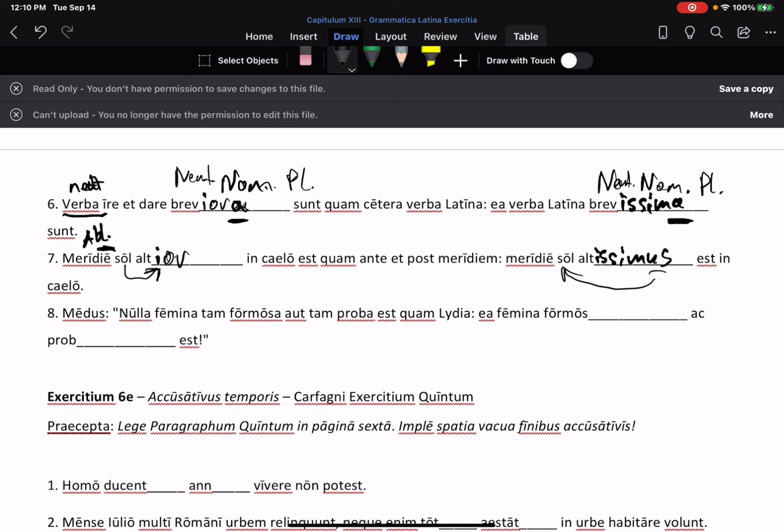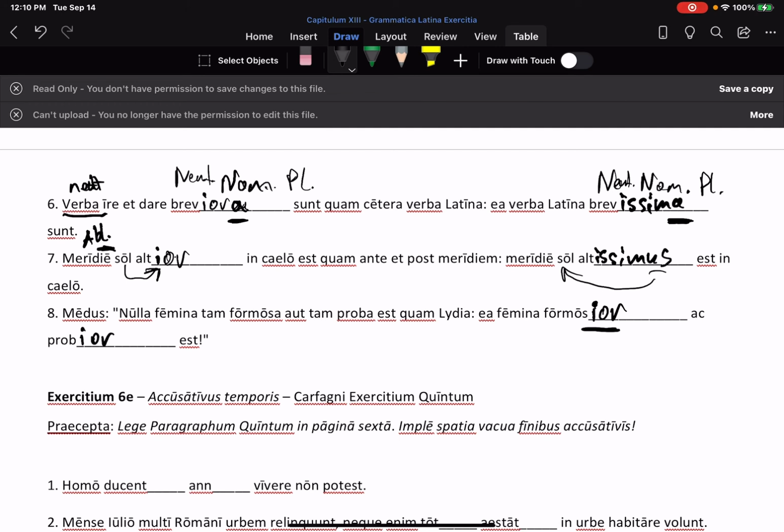Number 8. Medus. Nulla femina tam formosa aut tam proba est quam Lydia. Ea femina formosior, right? Because in third declension, which these comparative adjectives are, the masculine and feminine have the same endings. So, ea femina formosior ac probior est quam aliae feminae.